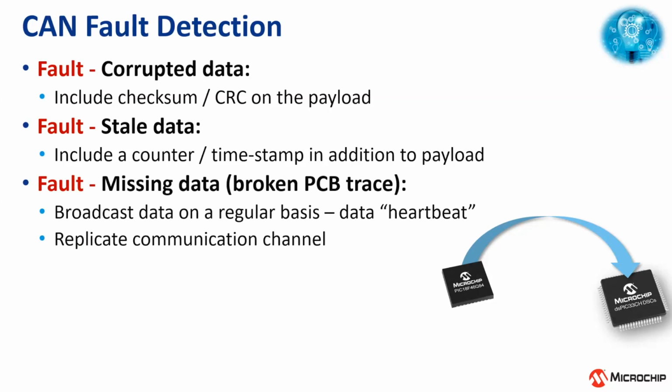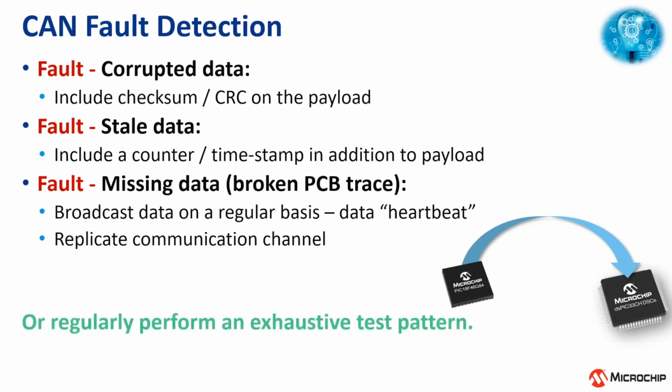So having two separate, redundant communication channels would also help us detect that missing data fault. Or we could regularly perform an exhaustive test pattern, or we could have complete system redundancy. We could have multiple sensors, multiple microcontrollers, multiple CAN buses, multiple hosts receiving the data, comparing. That's an interesting concept.